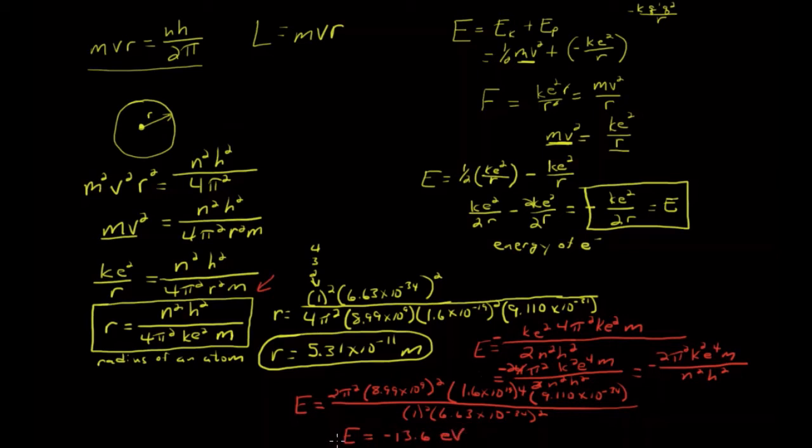Okay, now what you really get is joules. All right, you end up with E equals negative 2.1668 times 10 to the minus 18th joules, and then you convert the joules into electron volts.